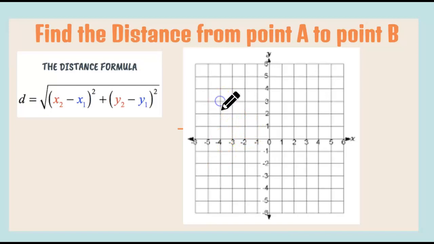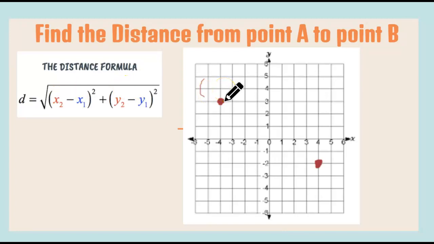So let's say I have a point over here, and let's say I have another point somewhere here. Just find the distance between 2 points. So let's find the coordinates of this one, because we need to find the x and the y.